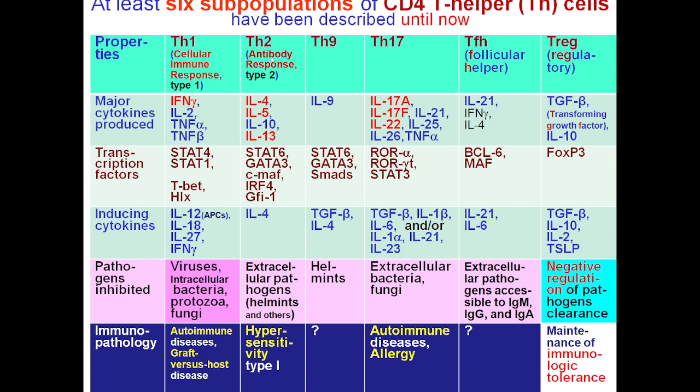T helper type 2 is responsible for the antibody, humoral immune response. T helper type 2 secretes interleukin 4, 5, 10, and 13. Interleukin 4 is also an immunomodulator. Interleukin 4 stimulates maturation of naive T helper cells into T helper cells type 2.